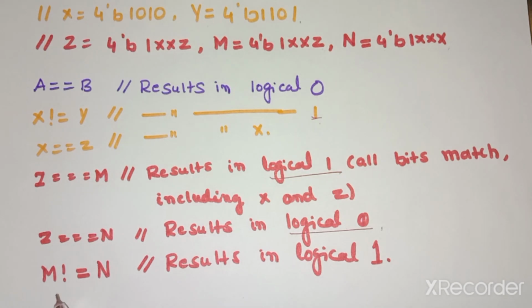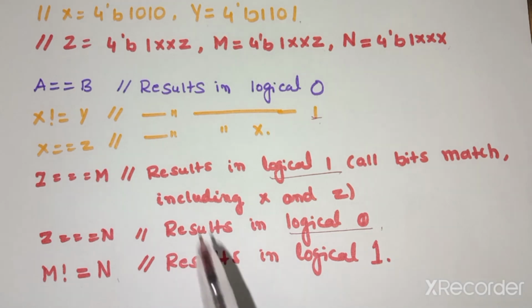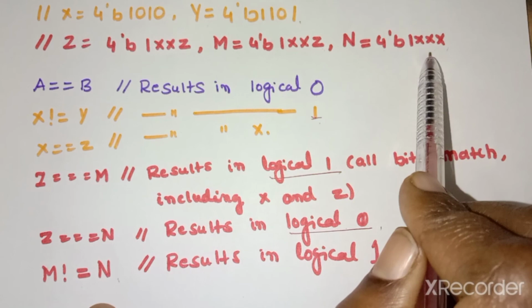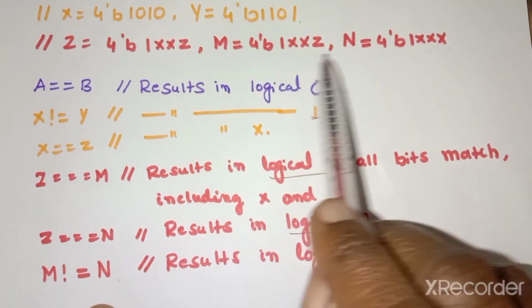Okay, and next another one is there, m is not equal to n. This is the not equal to, the inequality operator. Okay, in this inequality operator, what happens? Just you see what your m value is and n value is.